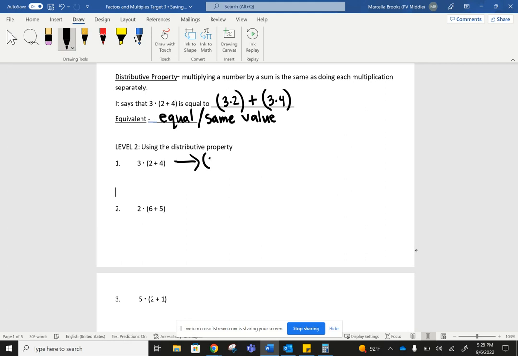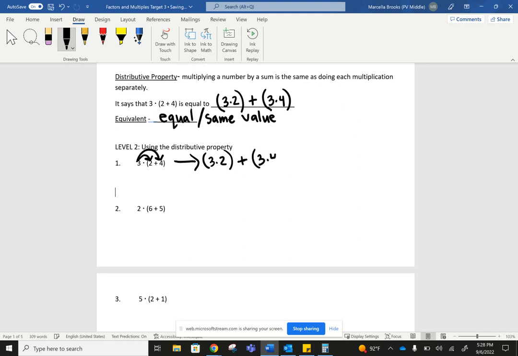We're going to say 3 times 2. We're taking this 3 and distributing it to the 2. So that's 3 times 2 plus, because there's a plus sign here, 3 times 4. We're distributing what's on the outside of the parentheses to what's on the inside.